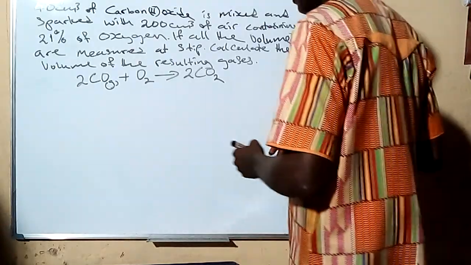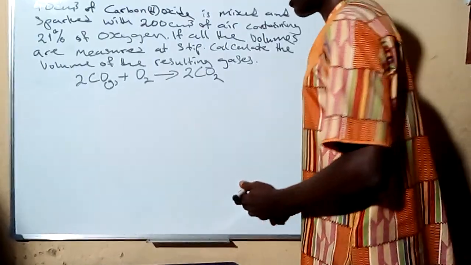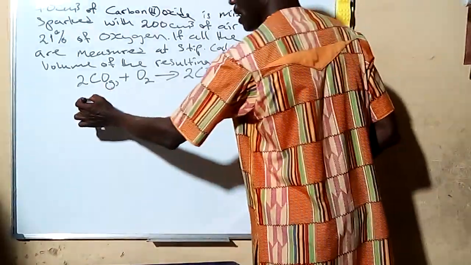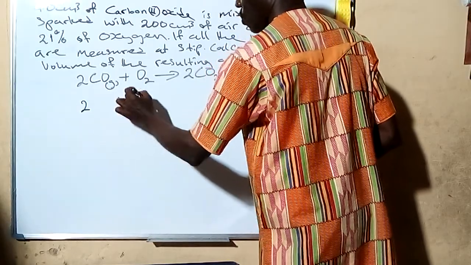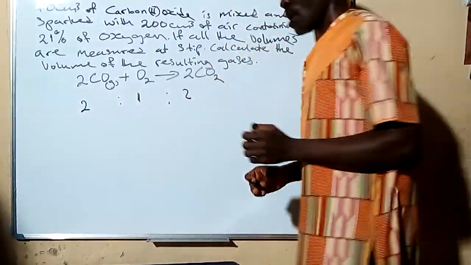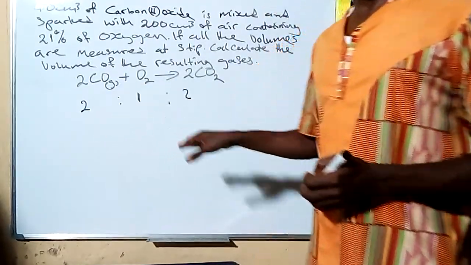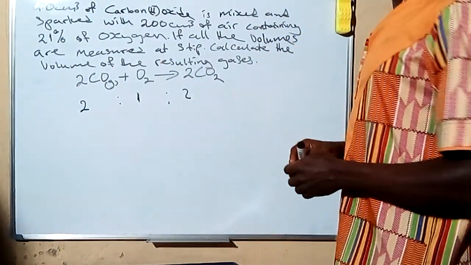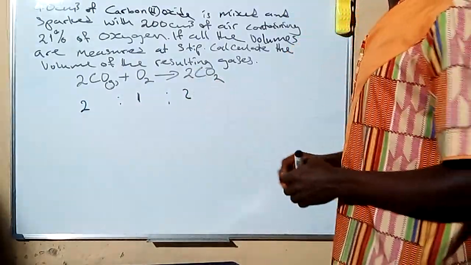We can see that we have a ratio of combination, just like what Gay-Lussac said. They combined in a ratio of 1:2:1:2, and this ratio is what determines the volume of their reaction, the volume that can react with each other to give us the product.